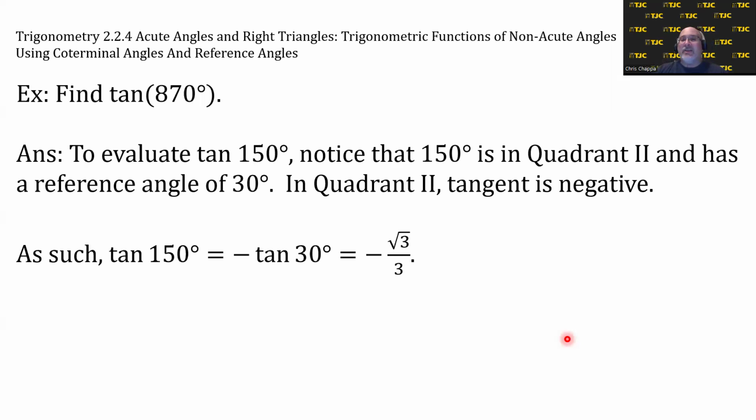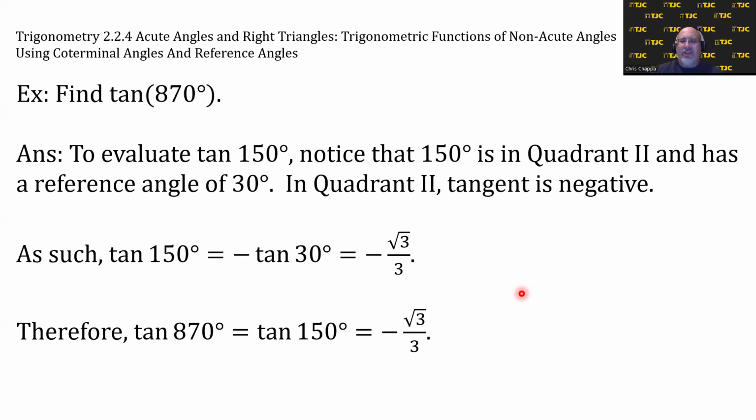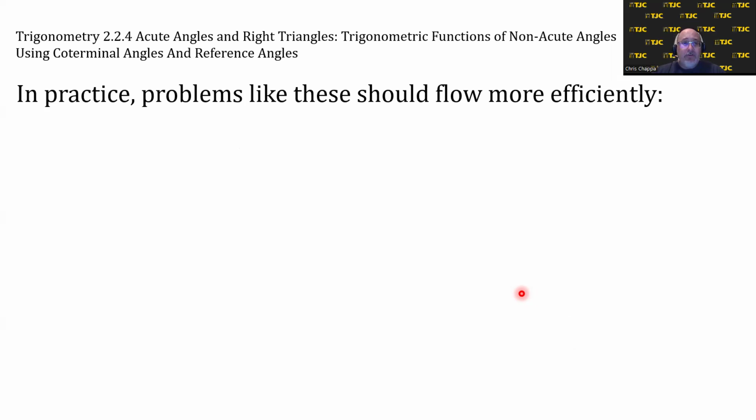And that's equal to negative square root of 3 over 3. Well, that seemed pretty easy. Therefore, tangent of 870 degrees, which is equal to tangent of 150 degrees, is negative square root of 3 over 3. It pretty much is that straightforward.